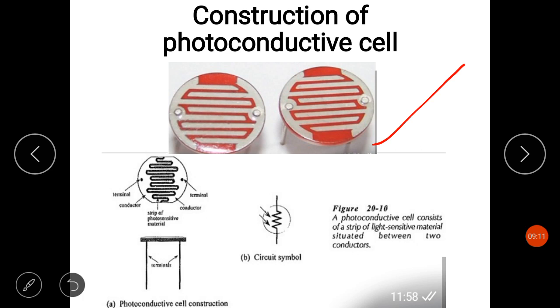These photoconductive cells are made by chemically sintering the powder of photoconductive semiconductor material, meaning cadmium sulfide, cadmium selenide or lead sulfide, into tablets of required shape.